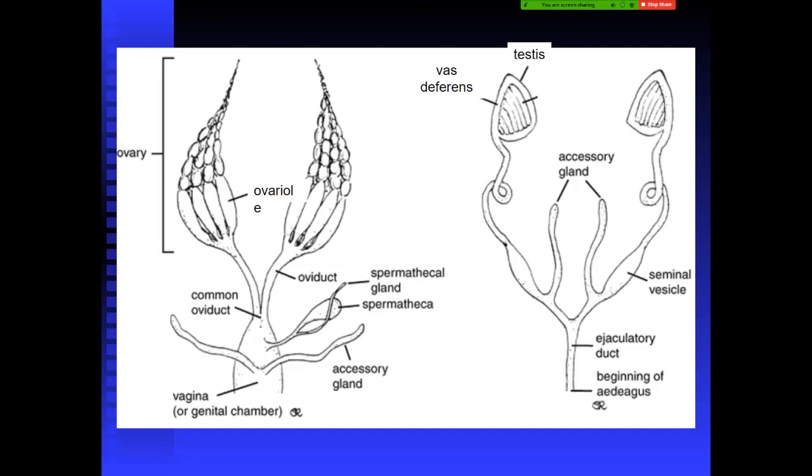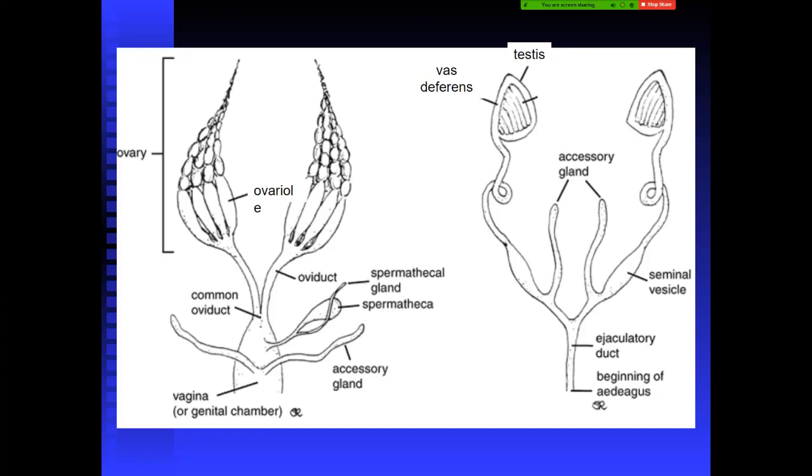You can see cells reproducing and becoming an egg that will then enter into the oviduct, and then from both sides will enter into a common oviduct. Then the eggs can be fertilized from sperm that can be held in the spermatheca, and there's also a spermathecal gland associated with it.